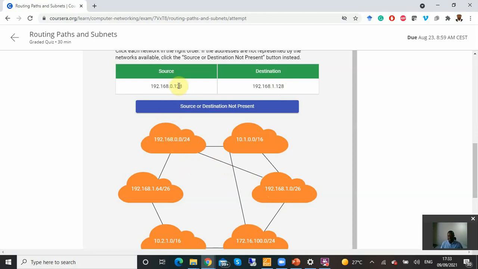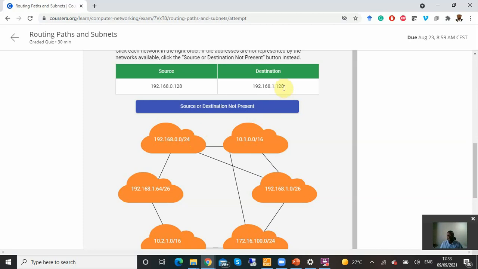So now 128 as the last octet, which is still part of the host ID. This is 0. 0 and 128 are very far apart. Imagine counting from 0 to 128. They are very far apart.